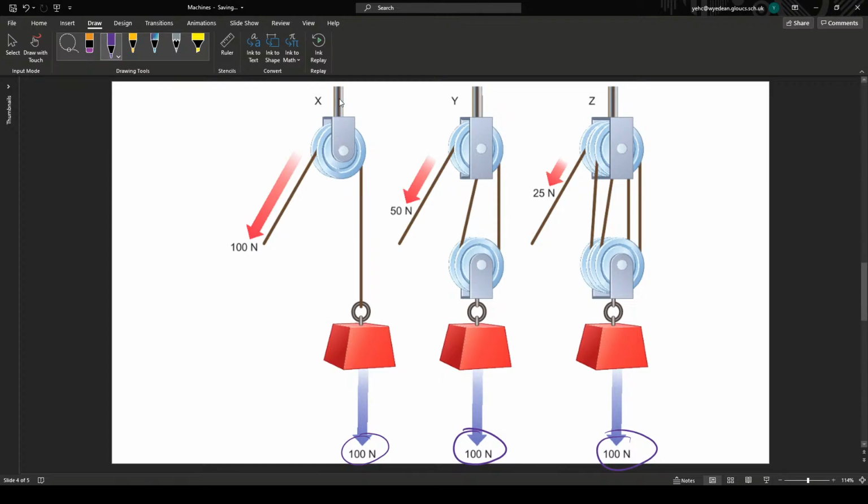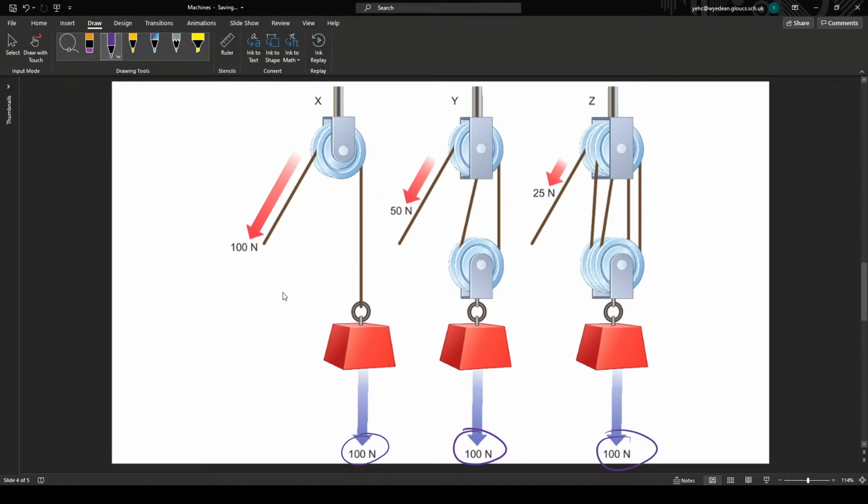If we just had this one simple pulley here, which is just a rope, we obviously need 100 newtons of force to lift something that weighs 100 newtons. Technically we need a little bit more than 100 newtons, but essentially that's what it is.